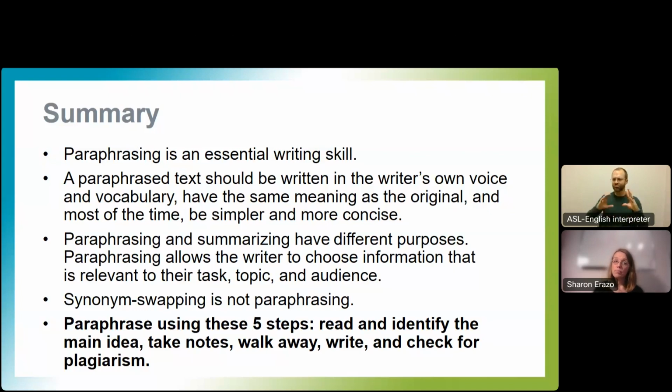Paraphrasing and summarizing have different purposes, and paraphrasing will allow the writer to choose information that is relevant to their task, topic, and audience. When we're paraphrasing, we want to ensure we're avoiding simply synonym swapping. And to help us do that, we can use these 5 steps to help ensure we're paraphrasing appropriately. So reading and identifying the main idea, taking notes, walking away, writing, and then going back and checking for plagiarism.